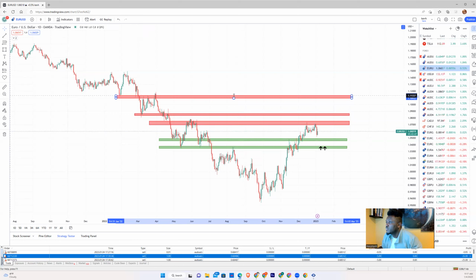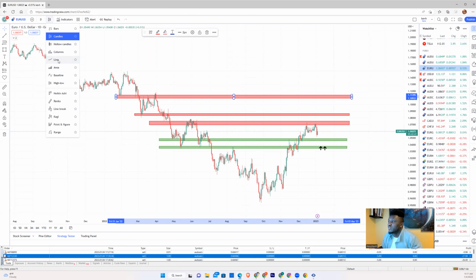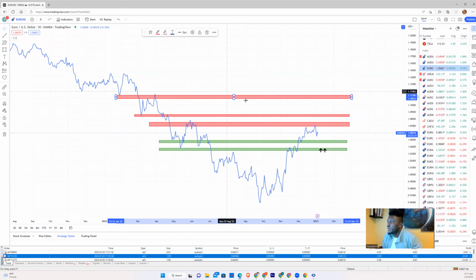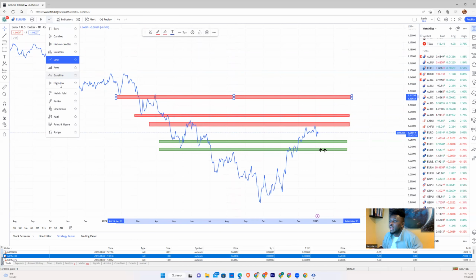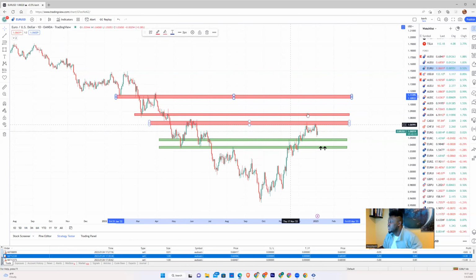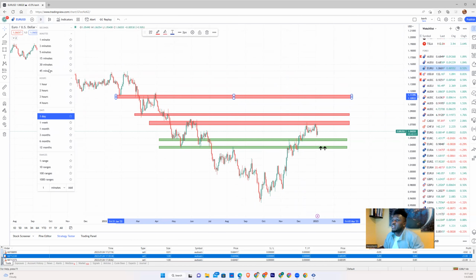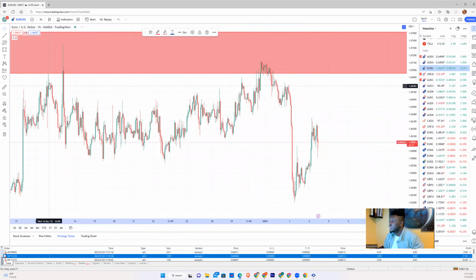Here we go. Awesome. Let me just look at something real quick. Yeah. So again, if this market breaks to the upside, then that's what we are anticipating to see. But this is Euro USD on the daily time frame.